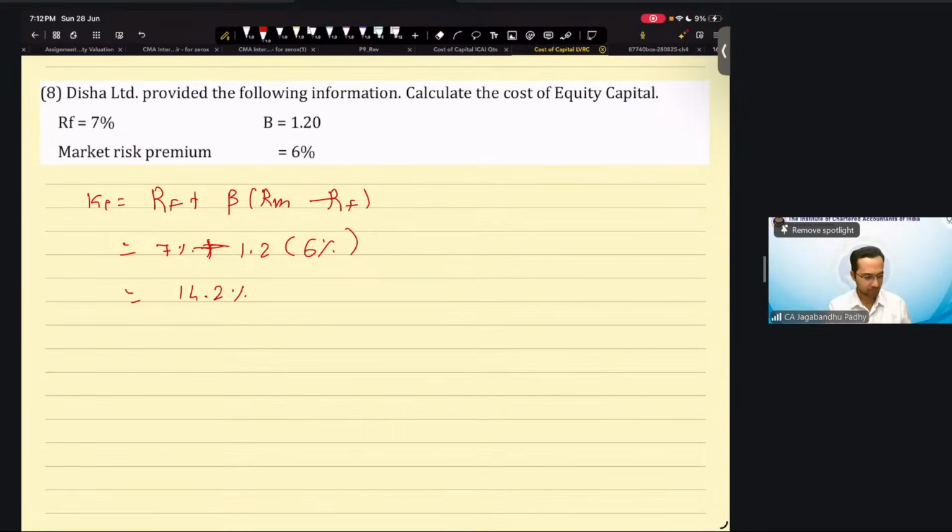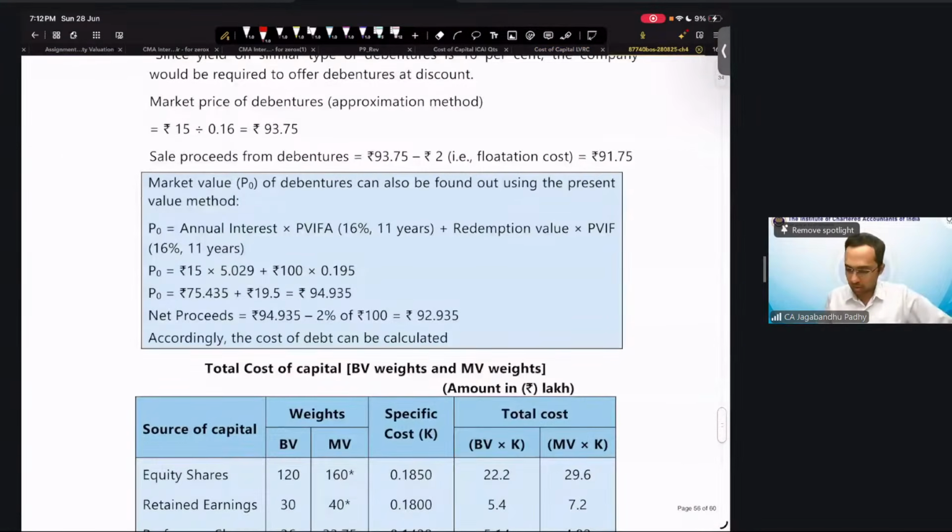That's 14.2%. Okay, so that is about question number 8.